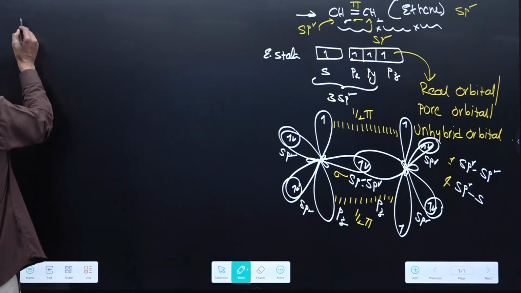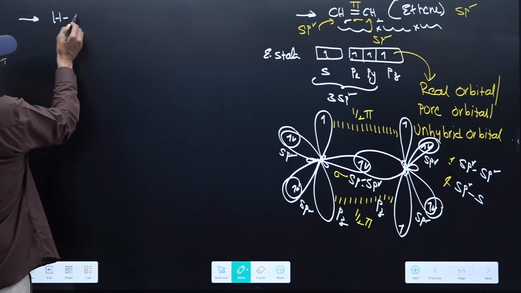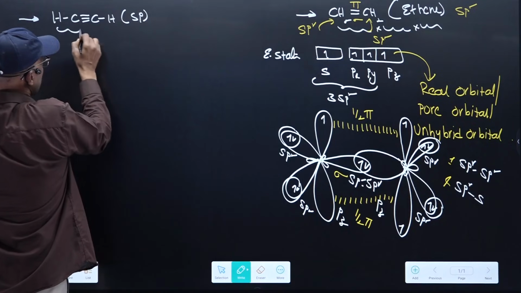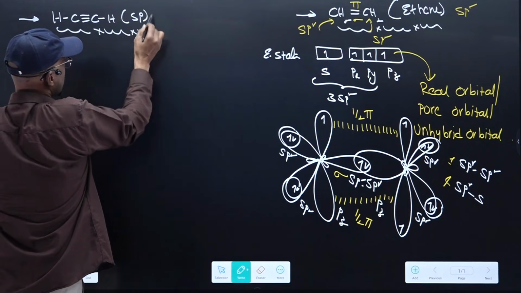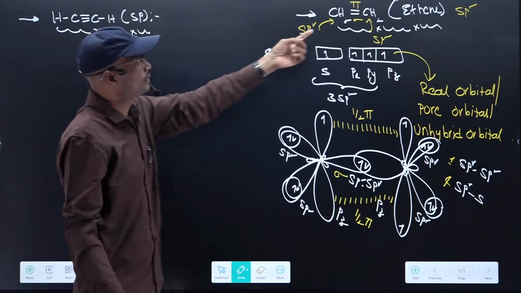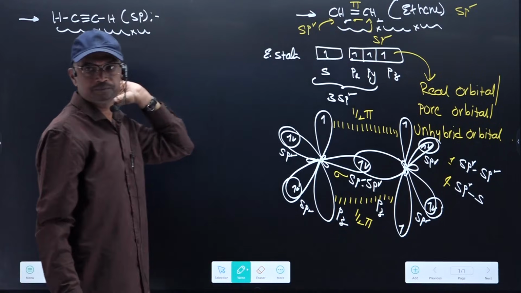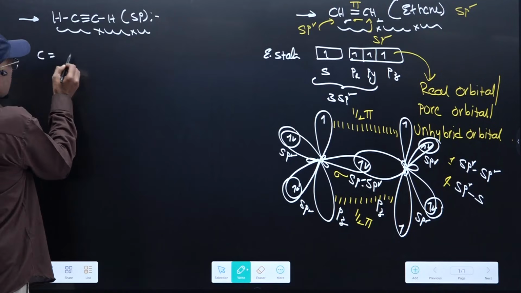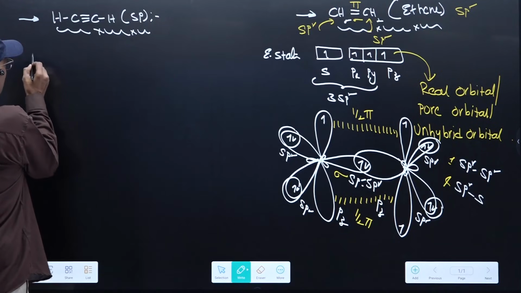Next, let's go through the triple bond. This is called ethyne. Ethyne, what is the hybridization? sp. Triple bonded carbon. It is ethene, and this is ethyne. So here also the same. For carbon, I am writing the excited state directly.